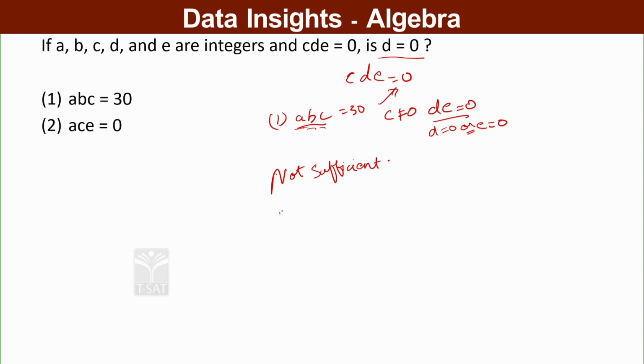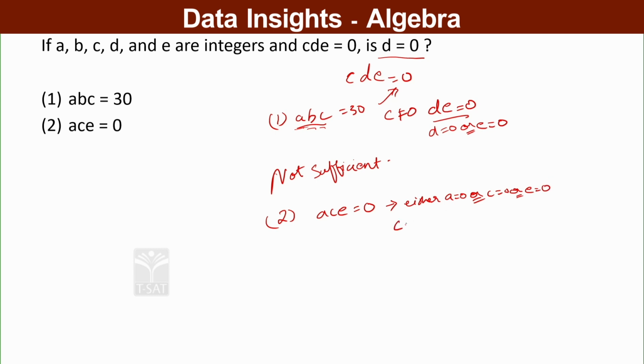Now looking at statement 2. ace equals 0. So this means that either one of these can be 0 or multiple elements can be 0. Either a, c or e, one of them is 0, or two of them are 0, or all of them are 0.